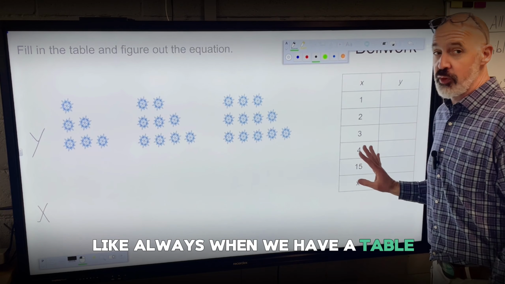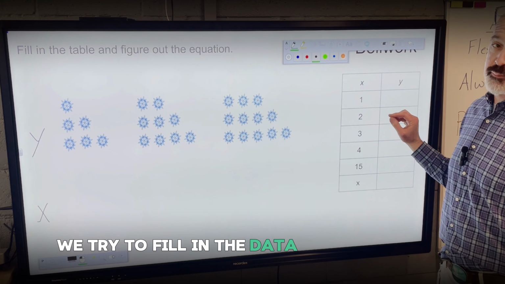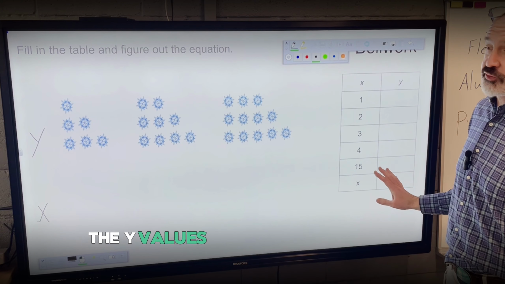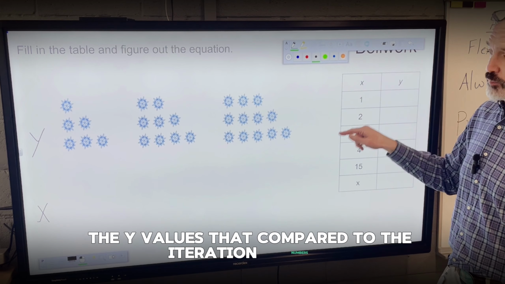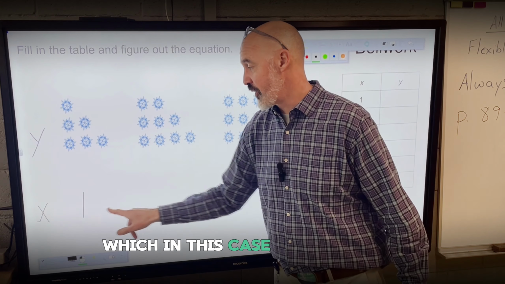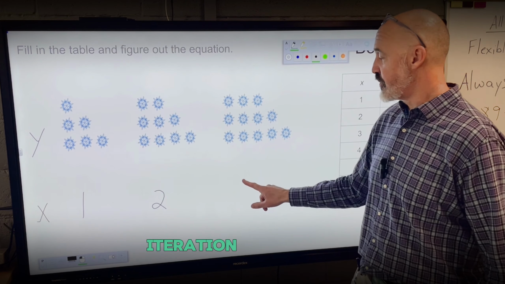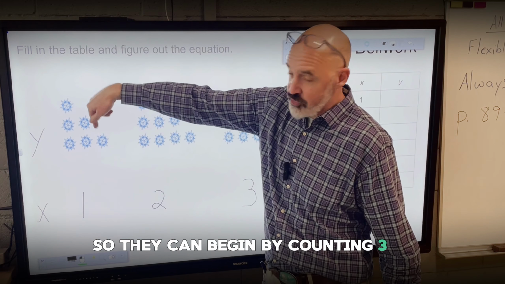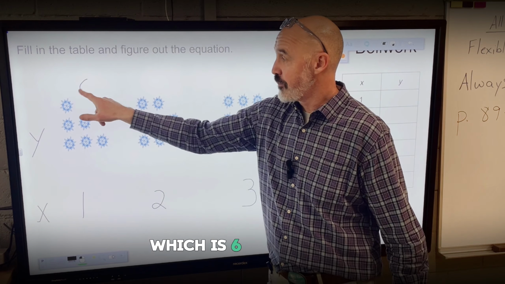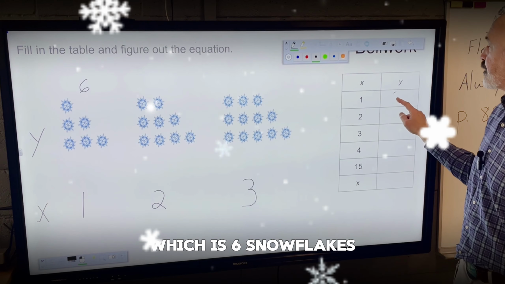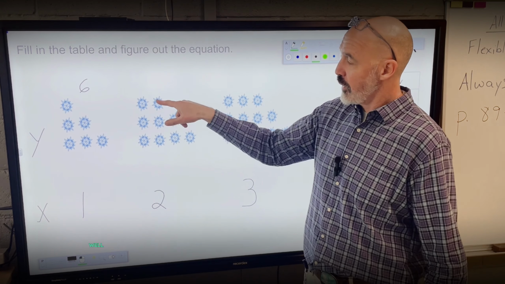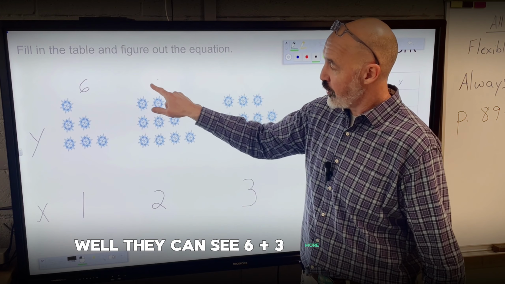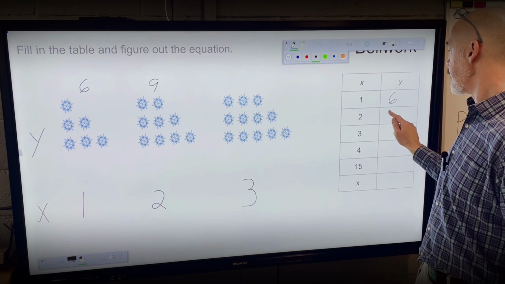When we have a table, we try to fill in the data for the outputs, the y values that compare to the iteration numbers, which in this case are iteration 1, iteration 2, iteration 3. So they can begin by counting 3, 2, 1, which is 6 snowflakes. And then the next one, well, they can see 6 plus 3 more, which is 9.